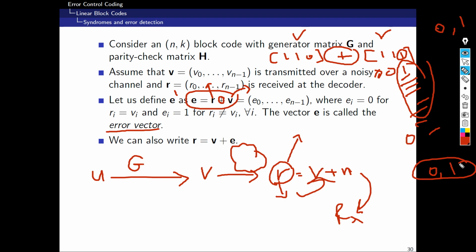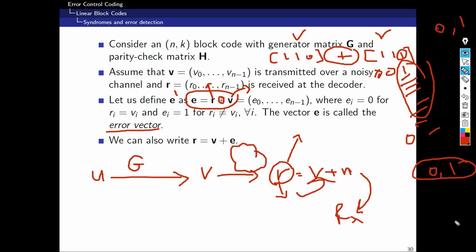This is just one simple approach, but you have many different approaches. Some of them are extremely complex, and we will explain them in the coming lectures one by one. But for now, you understand how to relate the code word to the received vector and define an error vector that can tell you whether there is any error or not, and how to detect and correct it.